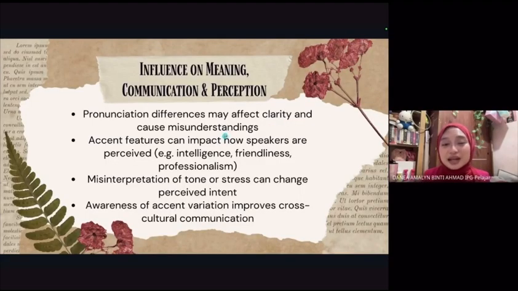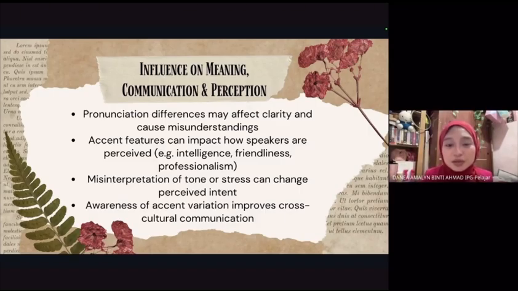This is my last slide, the influence on meaning, communication, and perception. So, to conclude, beyond just pronunciation, these accent differences influence how meaning is understood, how effectively people communicate, and how they are perceived by others, how they are looked at by others.